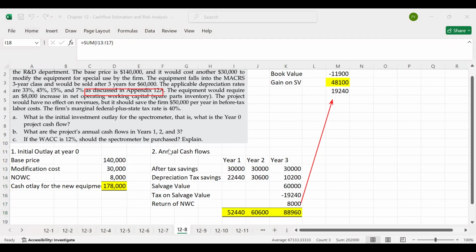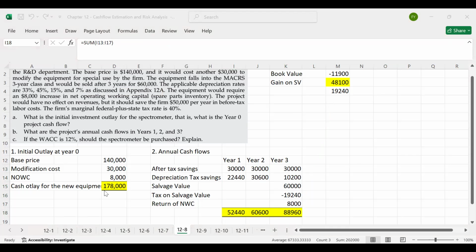The third requirement is, if the WACC, weighted average cost of capital, is 12%, should the spectrometer be purchased? For this, we need to calculate net present value.